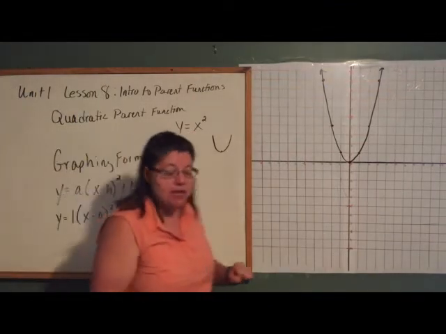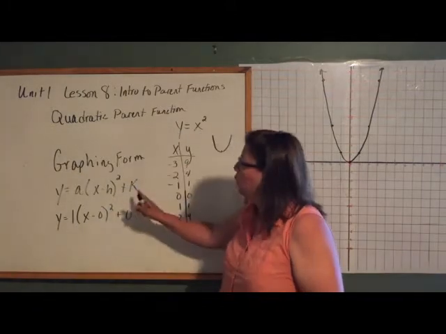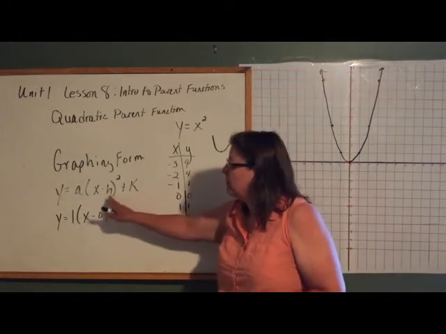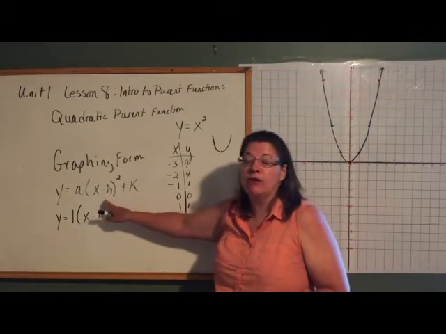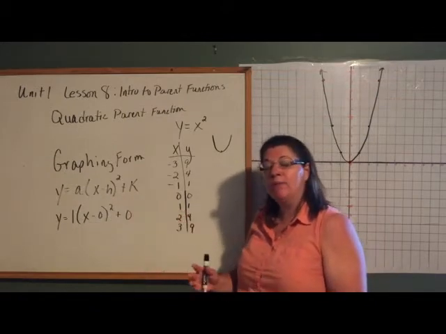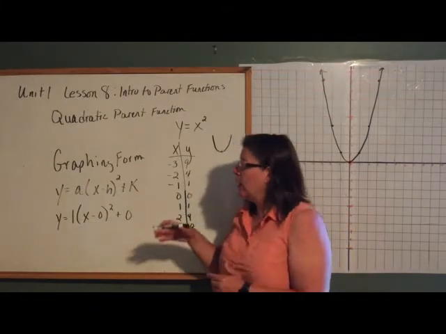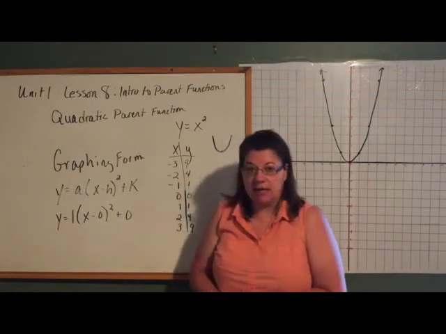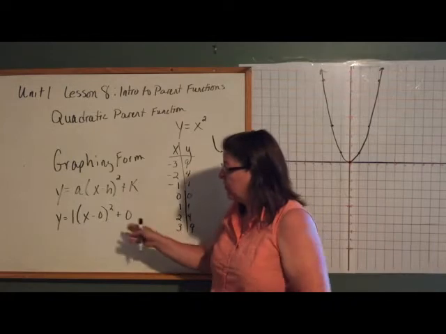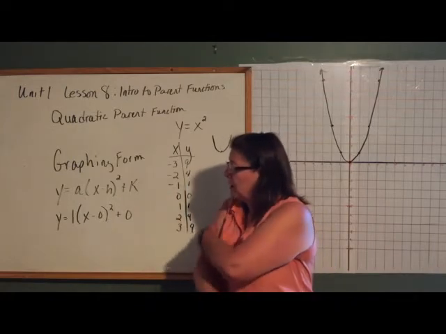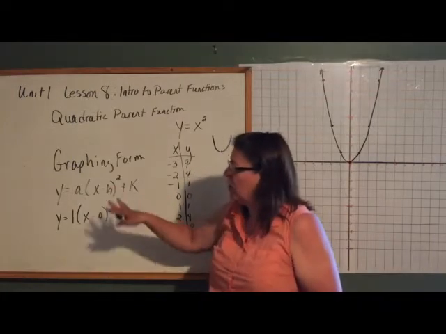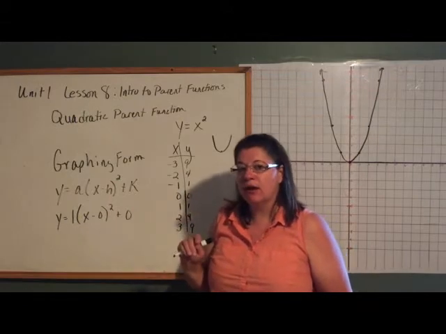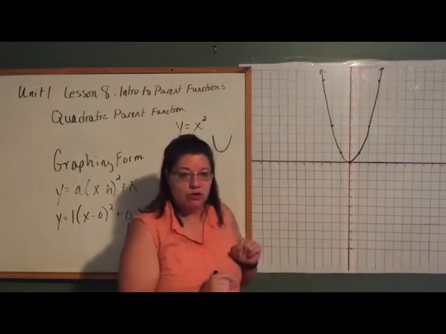What happens if we have things in this form and we actually have numbers other than 0 and 0 for h and k? What's going to happen to the graph? And that's where our dilations and translations come into play with these. So we're going to talk about how putting other numbers in there affect what our parent function looks like.